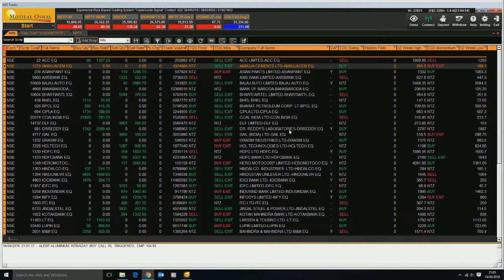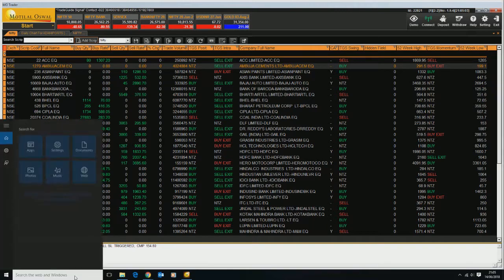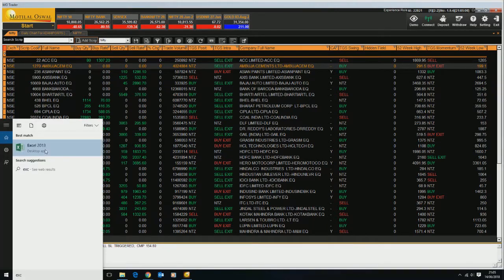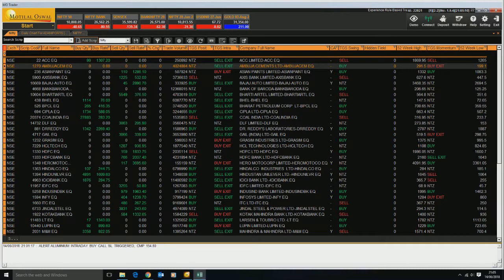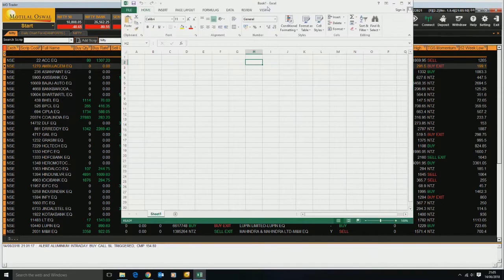So to start with, as all of you can see this Orion Lite here, let's design a template first. So I go for Excel and I move it here.